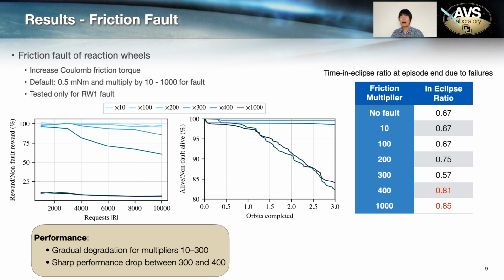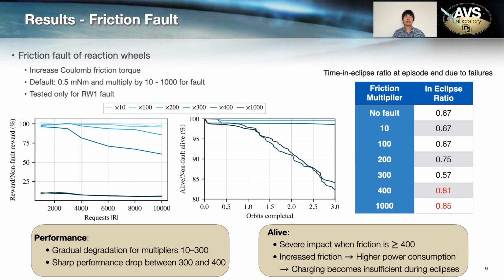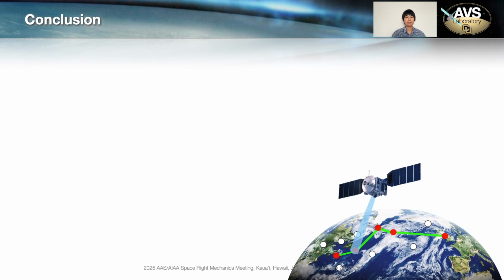So when you're looking at just the failure cases and just looking at when it dies, then for the 400 and 1,000 cases, more than 80% of those cases died in eclipse. So we can say that by increasing friction, it leads to higher power consumption that leads to charging becoming insufficient during eclipse. That's why you can see the huge gap for the performance as well as the aliveness.